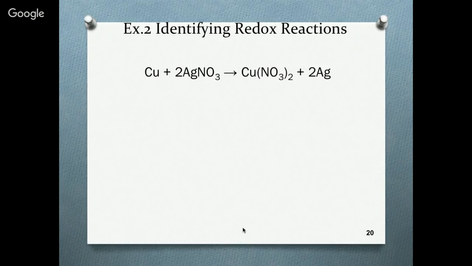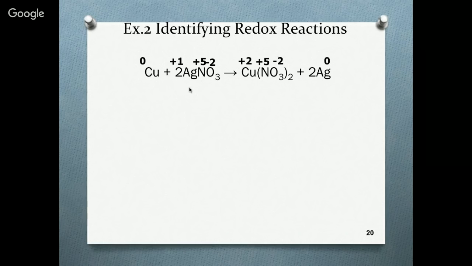Okay, so going across, copper is all by itself. Then we have AgNO3. Oxygen is -2 times 3, -6, silver is +1, so N is going to be +5.